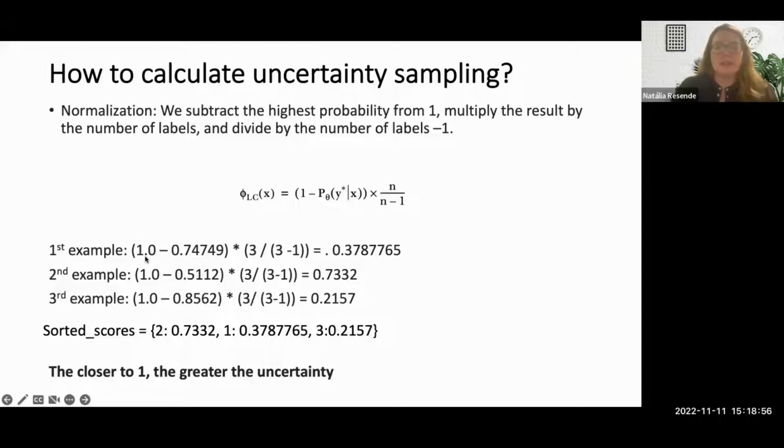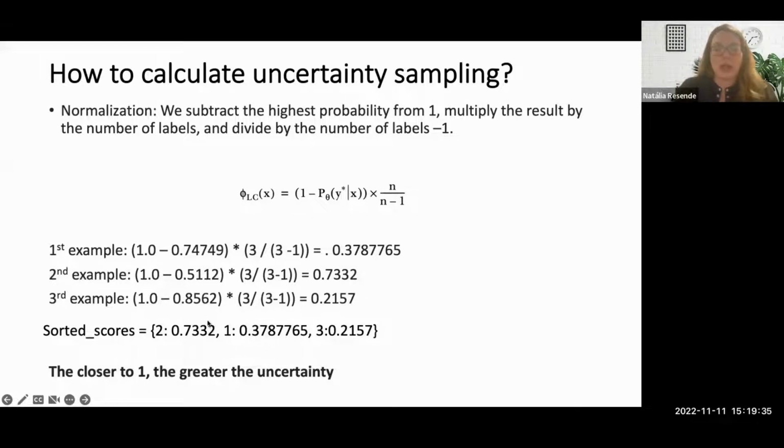So we subtract this probability from 100%, multiply by 3, and divide by 3 minus 1. Then we get those scores here. If we sort those scores, we can see that example number 2 is the most uncertain one, because it gets the highest score of all. Number 1 is the second highest, and number 3 is the third highest score.